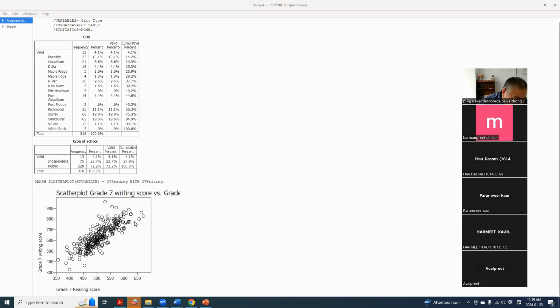It also increases. As the value on x decreases, the value on y also decreases. So the 2 variables move in the same direction. That is a positive correlation. Writing and reading have a positive correlation. And that is a pretty strong correlation.